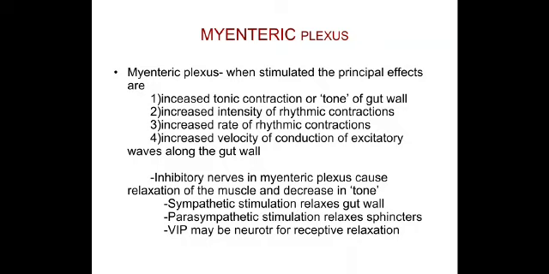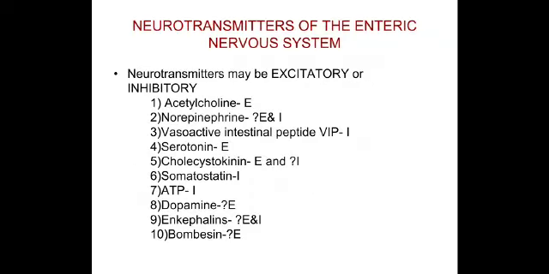The sympathetic nervous system, which is a part of the autonomic nervous system, relaxes the gut wall, whereas the parasympathetic relaxes the sphincters, and vasoactive intestinal peptide may be helpful for receptive relaxation in the stomach.